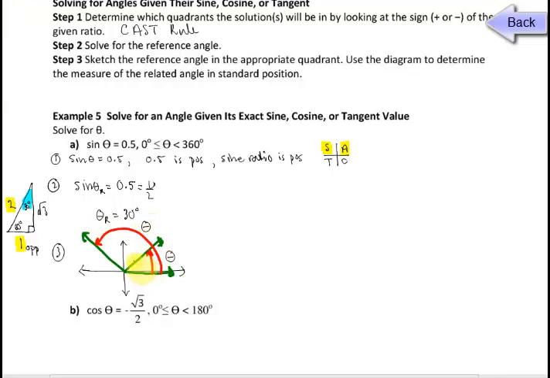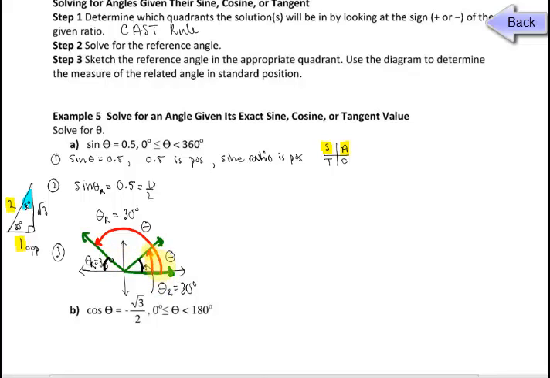Alright, we do know that we have a reference angle of 30 degrees, so in the first quadrant it is here, and so theta subscript r equals 30. And in the second quadrant, it's right here, right, between the terminal arm and the x-axis. So we get our reference angle of 30 degrees in the second quadrant.